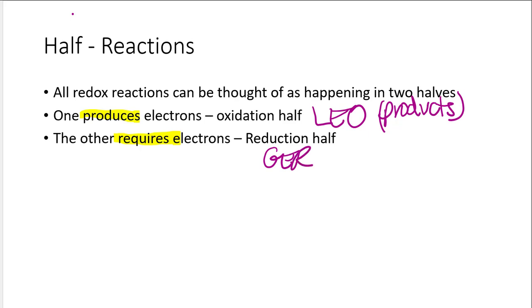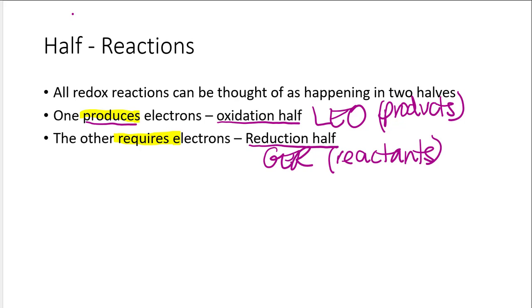In this reaction, if we require electrons and reduction is gaining electrons, that means we need electrons in our reactants. So after deciding where the oxidation half of the reaction is and where the reduction half is, whichever one is being oxidized is producing electrons.